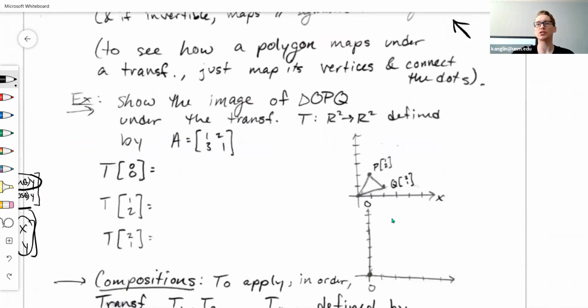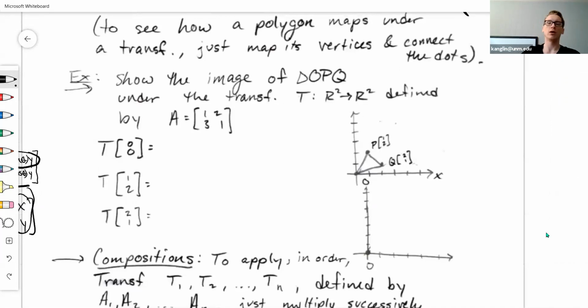Those will each plot to some new points in the codomain, and then we connect the dots, and that will be the transformation of this entire set of points on the triangle. So this is easy. T of (0, 0): T is defined by multiplication by that matrix A, so we're just multiplying the input by A. What do we get?